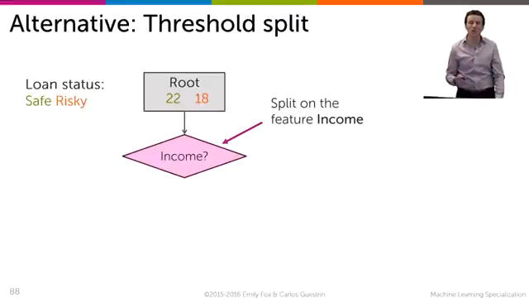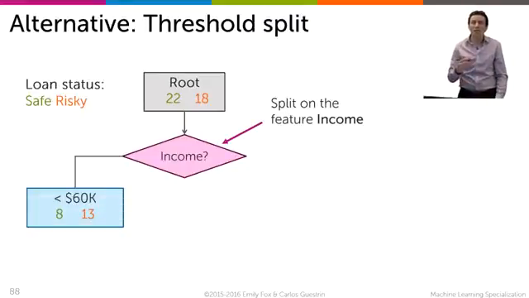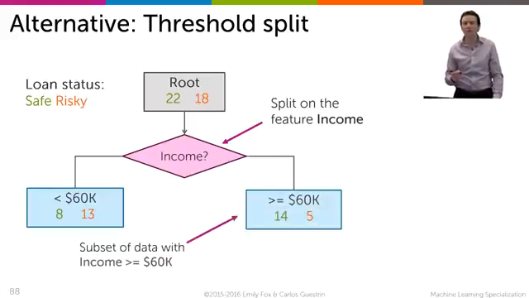As a very natural alternative, we can do what are called threshold splits. These are simply picking a threshold on the value of that continuous-valued feature, so let's say 60,000. For the left side of that split, we put all the data points having income lower than 60,000, and on the right, we put all the data points having income higher than or equal to 60,000.